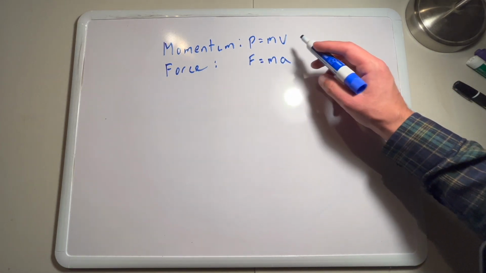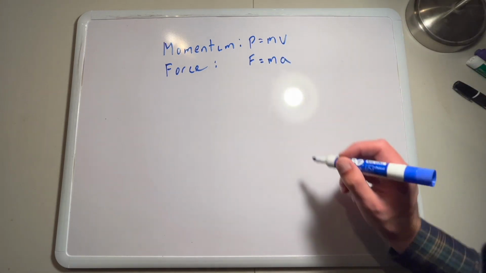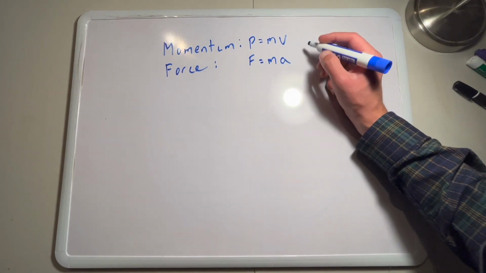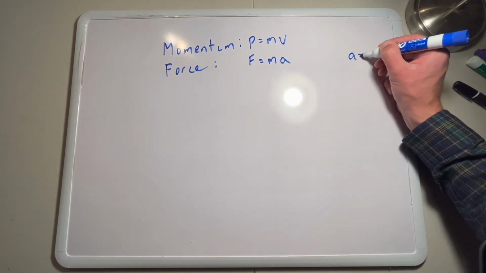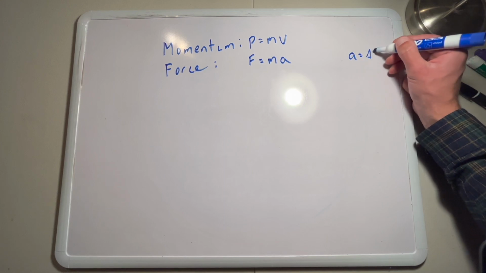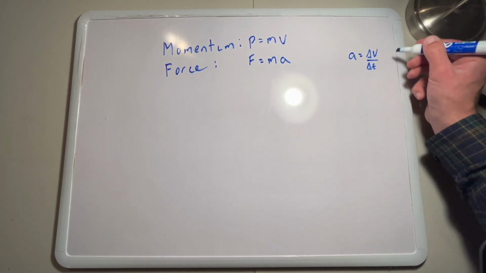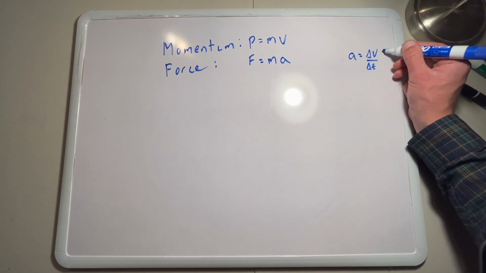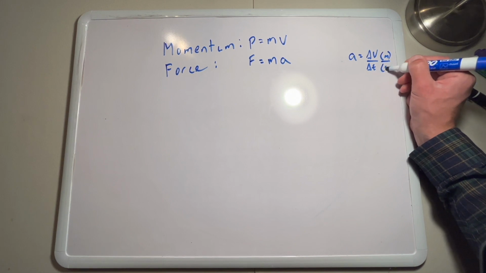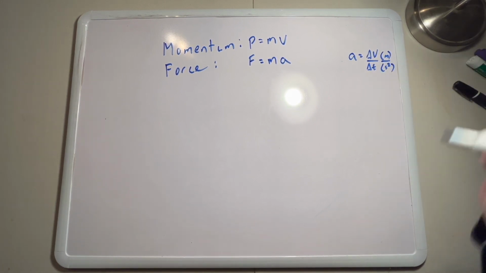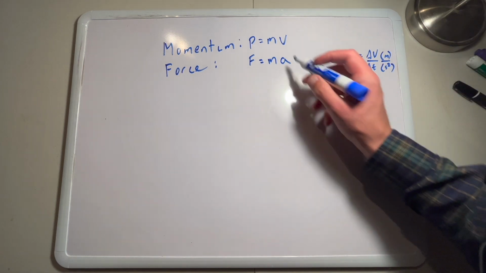And so for velocity, if you remember the units, it was meters per second. Well, acceleration is actually, write it over here, acceleration is change in velocity over change in time. So our units for that would actually be meters per second squared, because you're having another change in time.